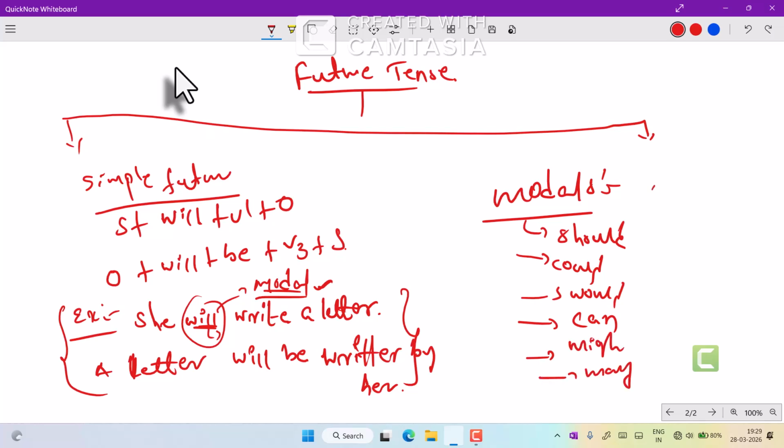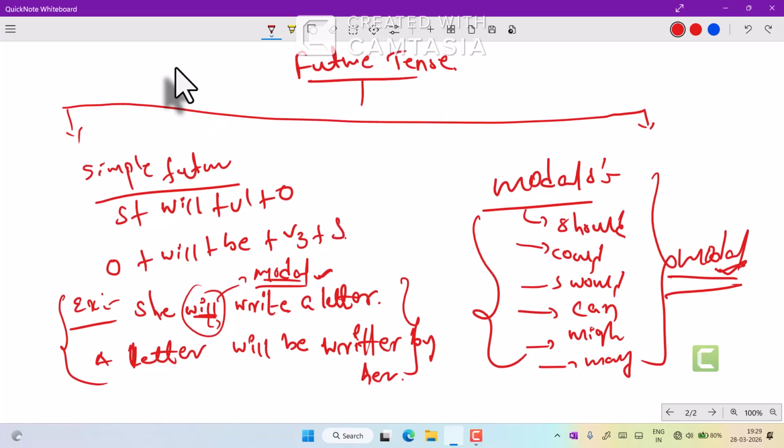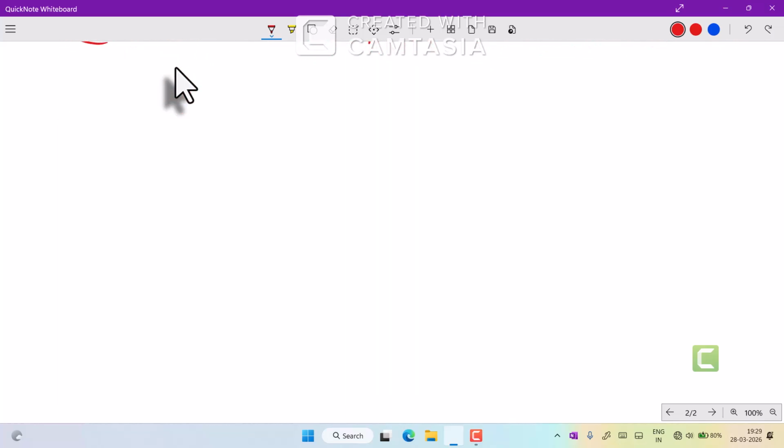These all are modals. We discussed them. In your 10th class, I am going to give you a perfect PDF handout for this, and there also we will be discussing this. Now you see how to use modals in this.